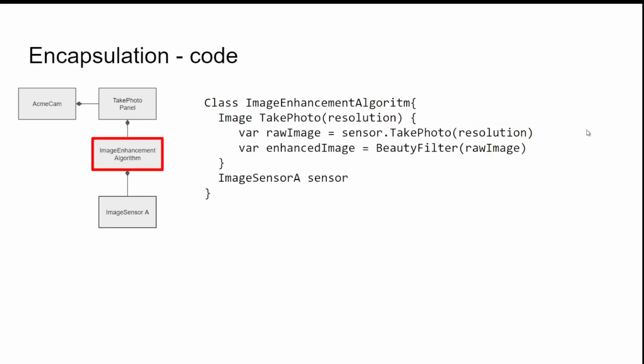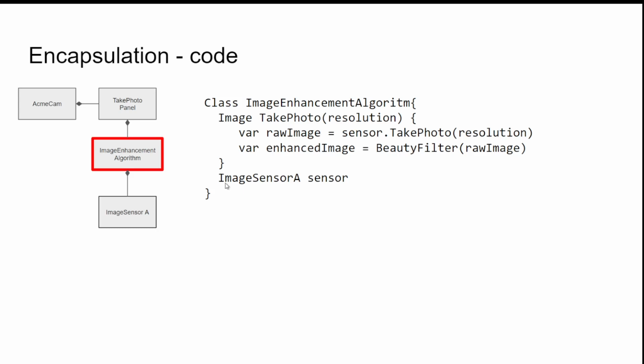Let's see how it looks with the image algorithm. So we have here this take photo function where we talk to the sensor in the first line, and then we execute the beautification algorithm. And now this is the really interesting part, that in the last line we have the image sensor.